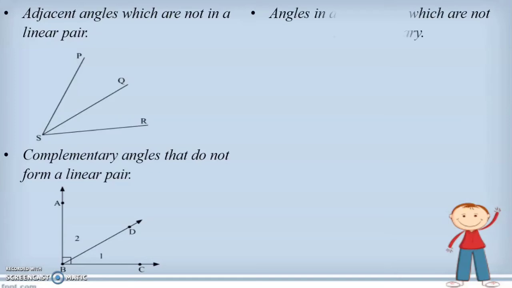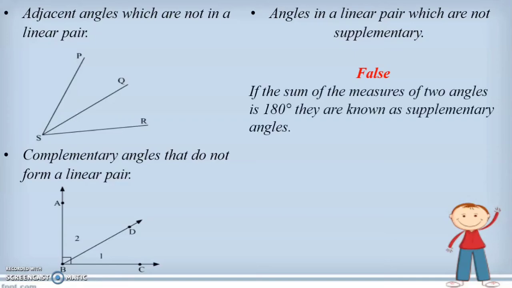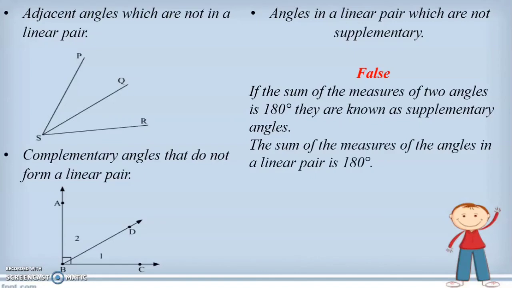Now in the third example, we have angles in a linear pair which are not supplementary. So we have to show that angles which are in a linear pair are not supplementary. The statement is clearly false, because we know that the sum of the measures of two angles is 180 degrees when they are supplementary angles. And we also know that the measure of the angles in a linear pair sum to 180 degrees.